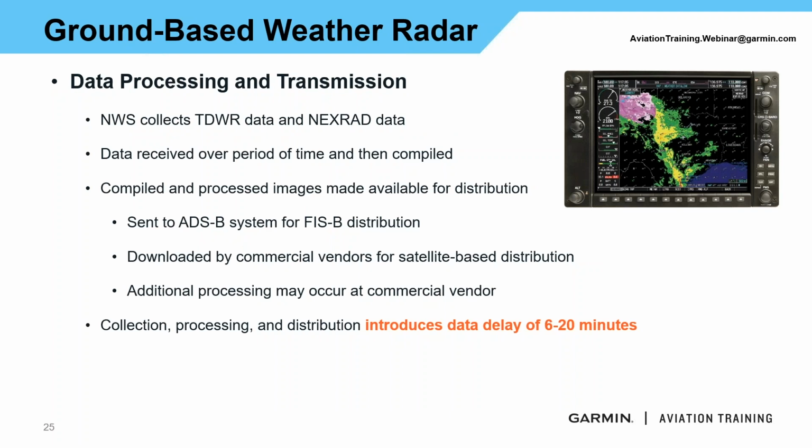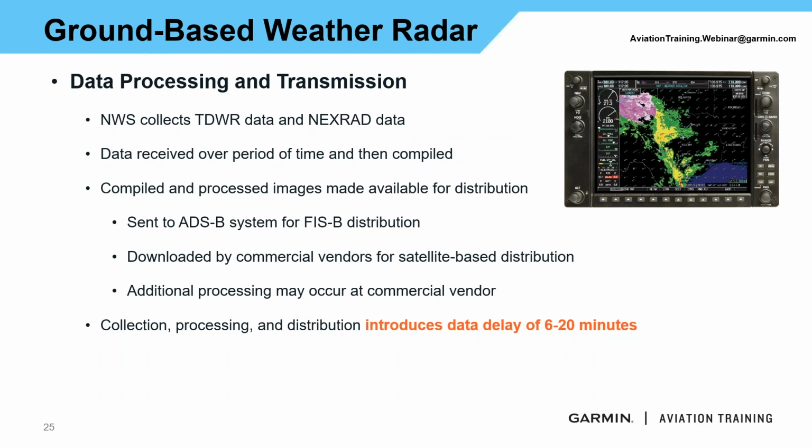Ground-based weather radar also has data processing and transmission times. So whether it's for FIS-B or for SiriusXM or Garmin Connect, NOAA's collecting that data. It has to come to the central location, and they have to process that data and put it into an aviation type picture and then distribute it.